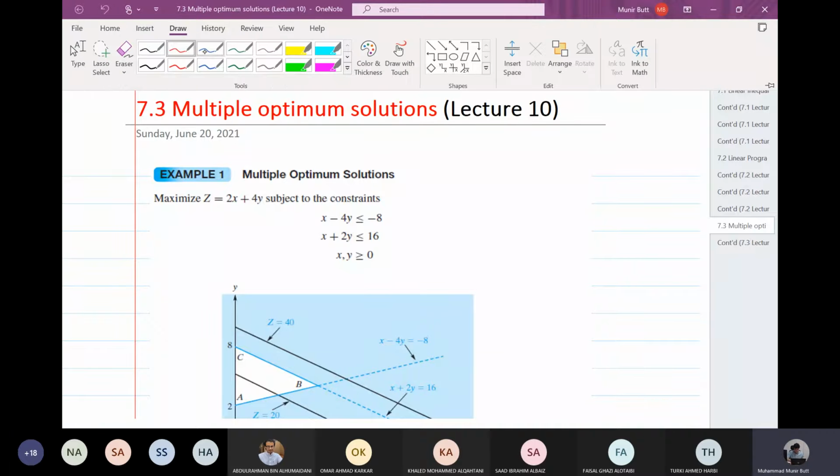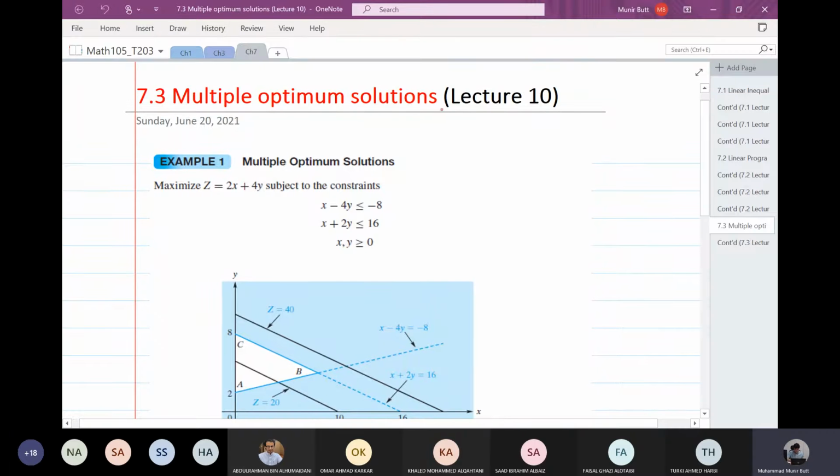So again we start from the basic thing, that how we shall solve it. So we have given this x minus 4y is equal to minus 8.